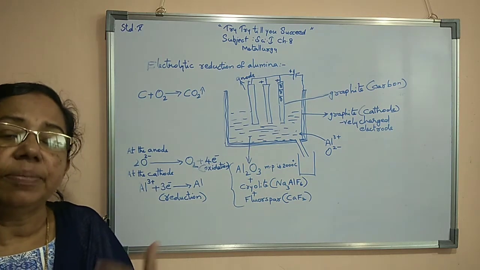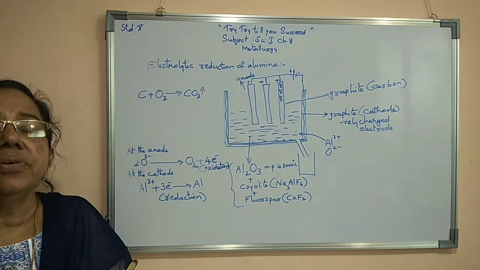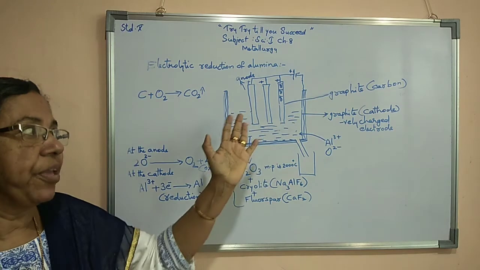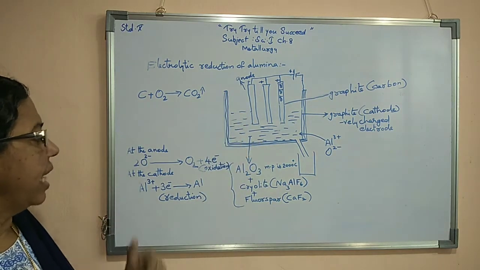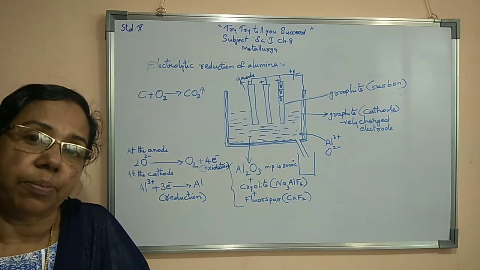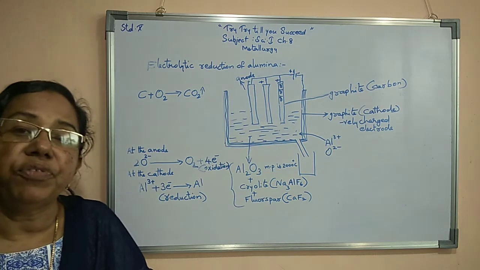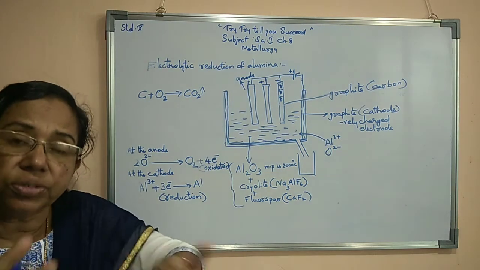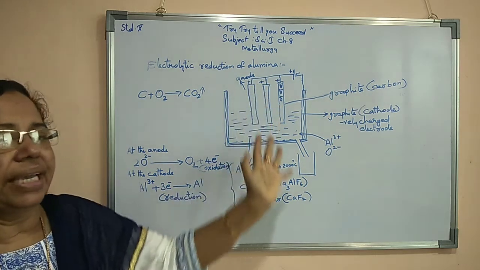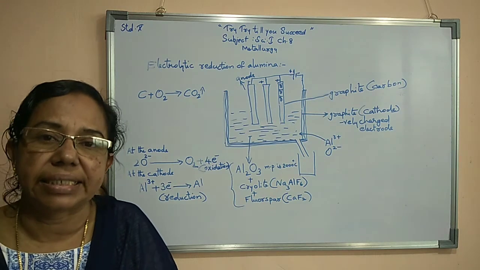Aluminium is a metal, and similarly other metals. So metallic ions receive electrons, and that is the electrolytic reduction process. Metallic ions receive electrons, so there occurs a reduction process. At the same time, in the case of non-metallic ions, they remove their electrons at the anode. That reaction is known as an oxidation reaction.